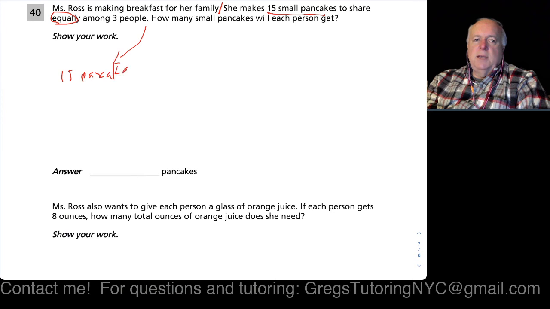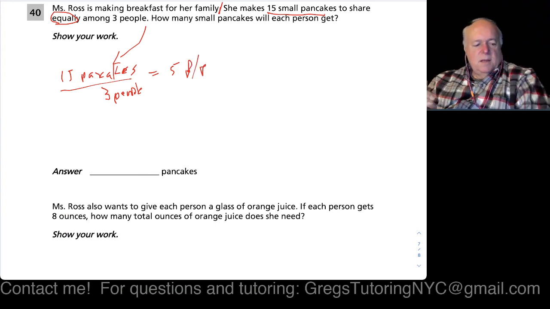To share equally among 3 people, she's sharing them, so there's a division problem there. So we can get 5 pancakes per person. She's going to get 5 pancakes per person.